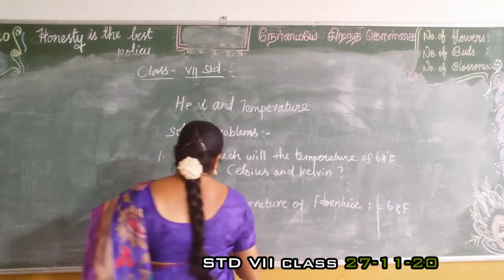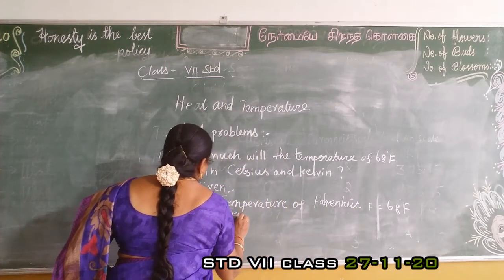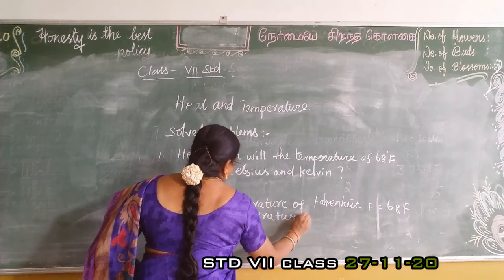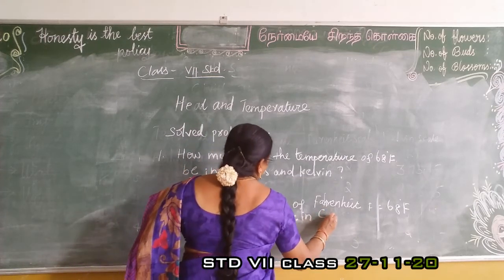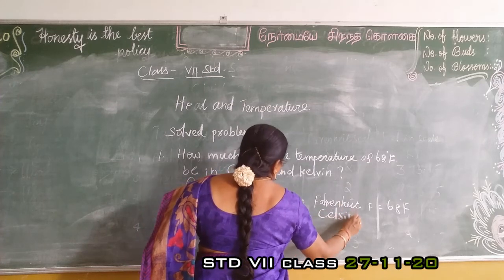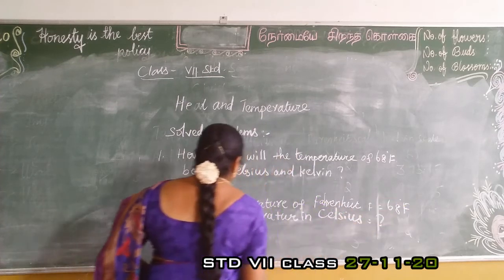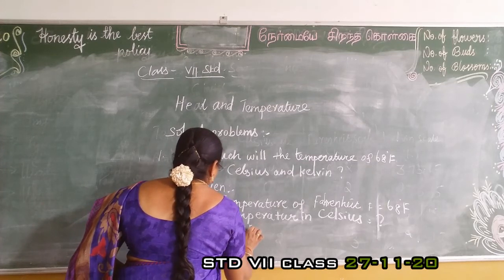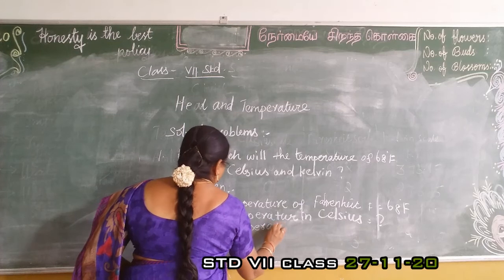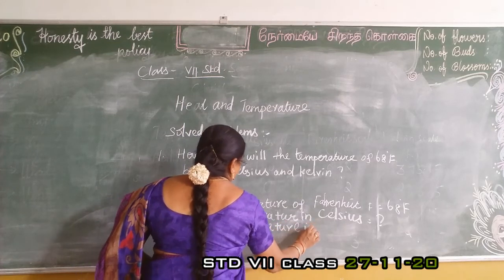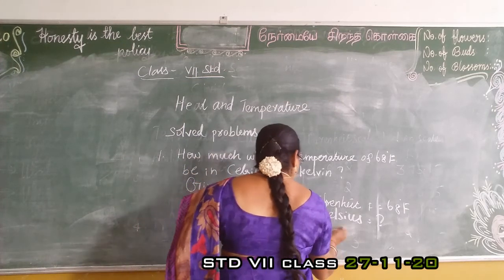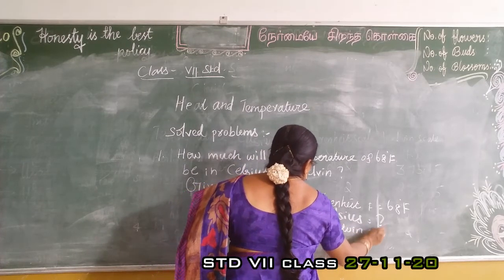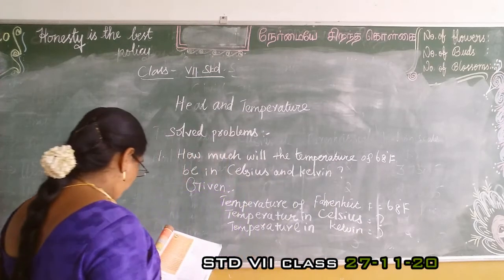Then the temperature in Celsius is the question mark. Then third, the temperature in Kelvin is the question mark. What's the formula?